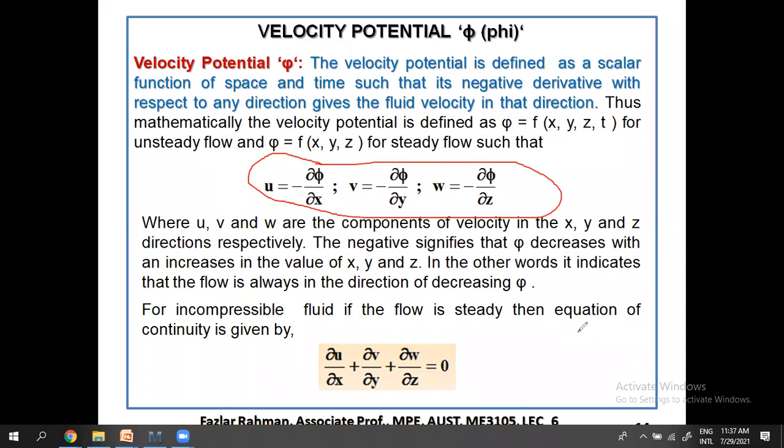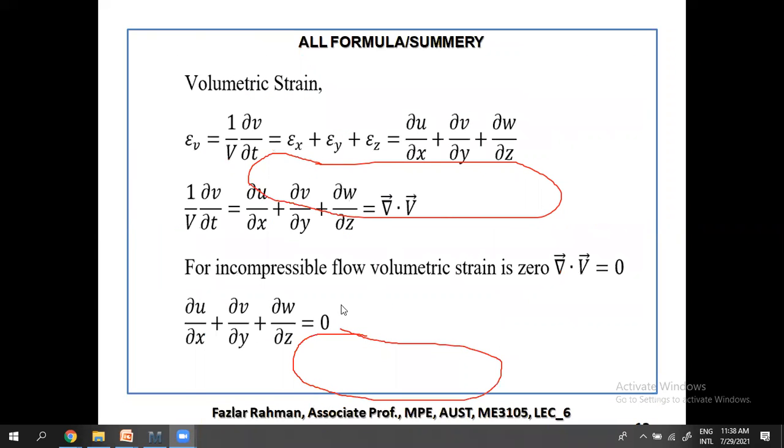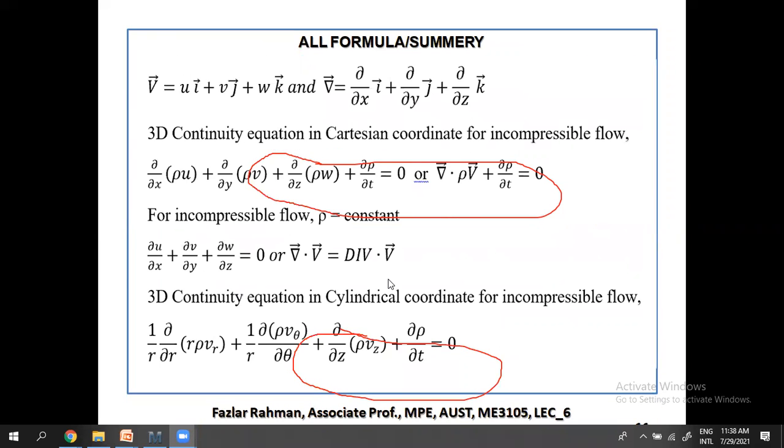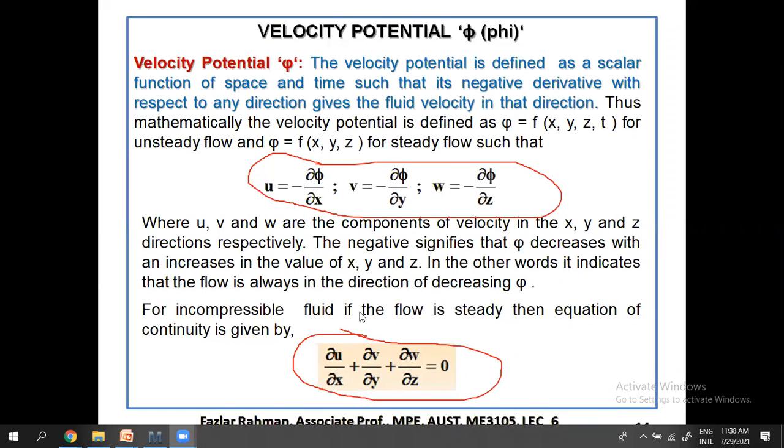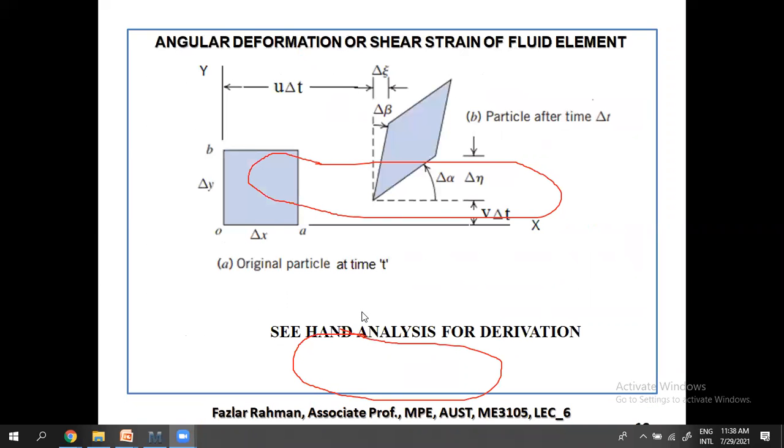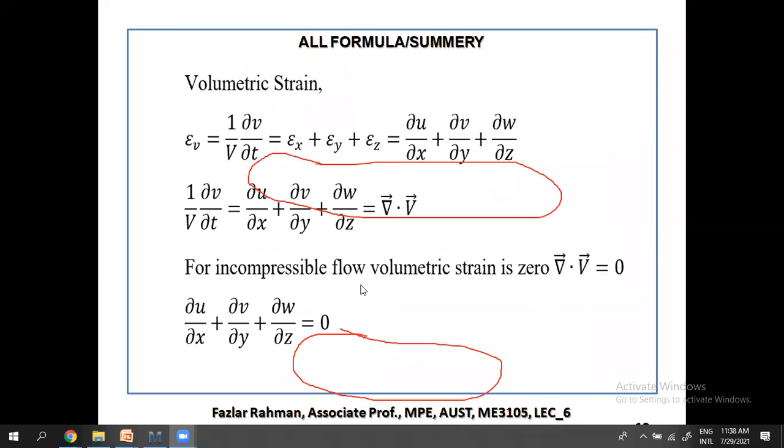Now, for incompressible flow, if the flow is incompressible and steady, that means phi is not a function of time. In that case, our continuity equation is this one. If you look at the previous slide, for incompressible flow, this is called the volumetric strain, right?